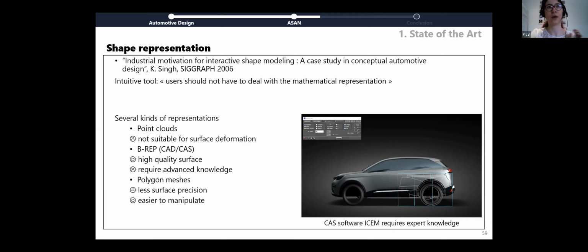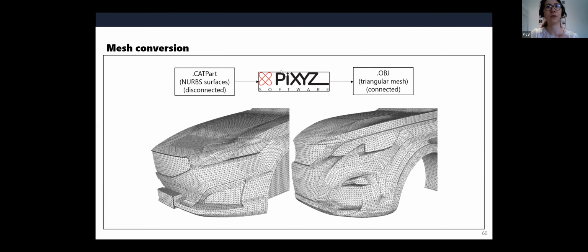So from these parametric models, we used a software called Pixies to obtain a connected triangular mesh that we can then deform using the ARAP deformation method. So I hope it answers your question.